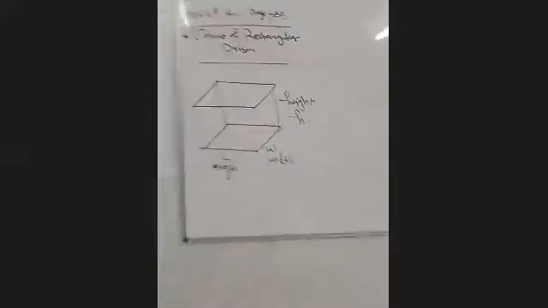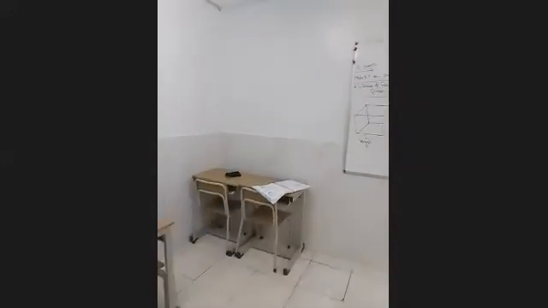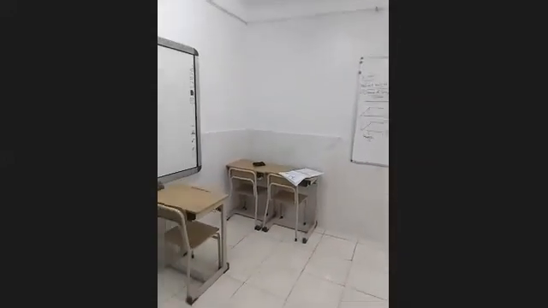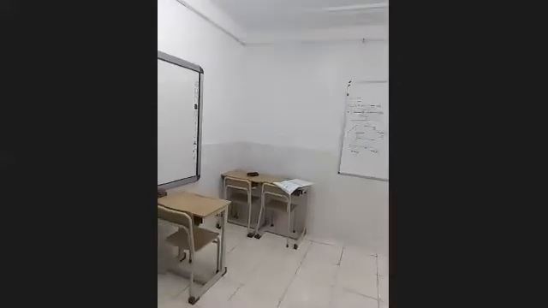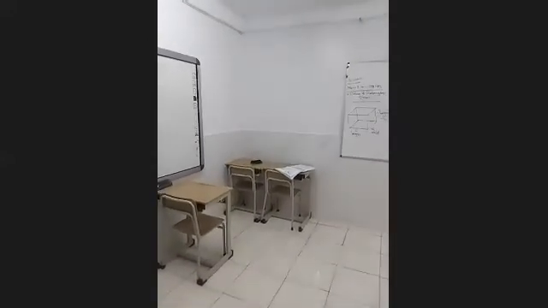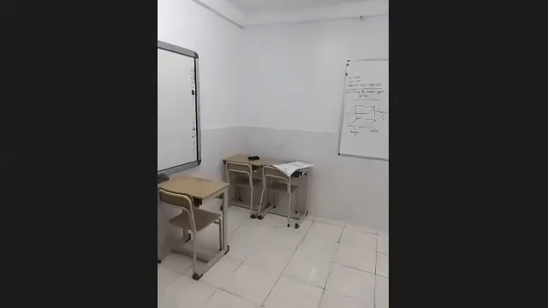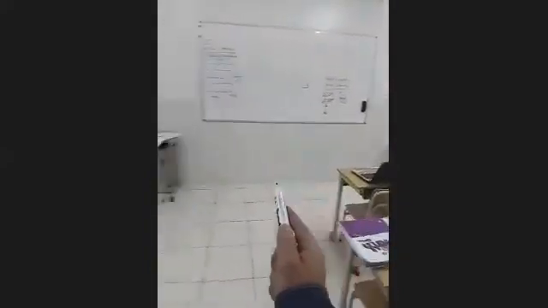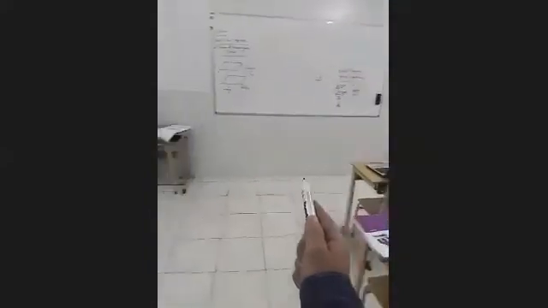Assume that your father will close a room in your house and he wants to fill it with water. What will he do? How will he know the volume of the room that he will fill with water? I'm just imagining. He will measure this line first. This line is the length of the room.